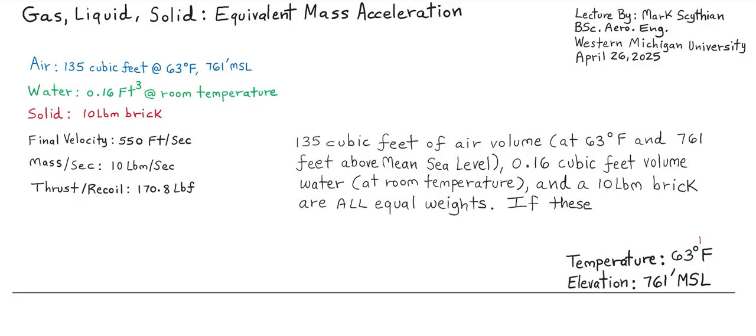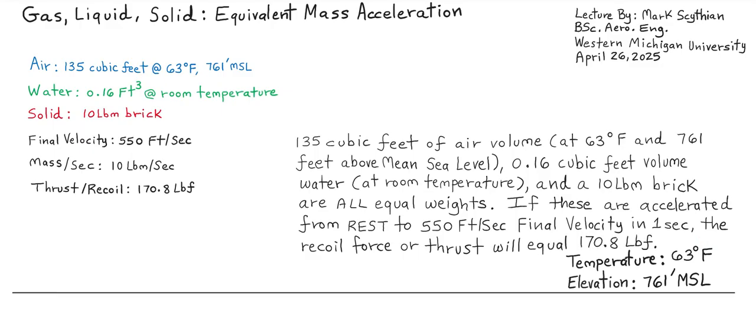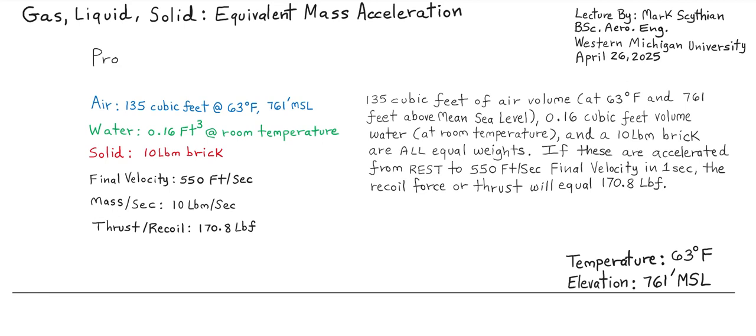And thus, if these are accelerated from rest to 550 feet per second final velocity in an acceleration time of 1 second, the recoil force or thrust of all of these will equal 170.8 pounds force. So that's relevant to the projectiles, jet propulsion as in gas propulsion, and of course the hydrojet.